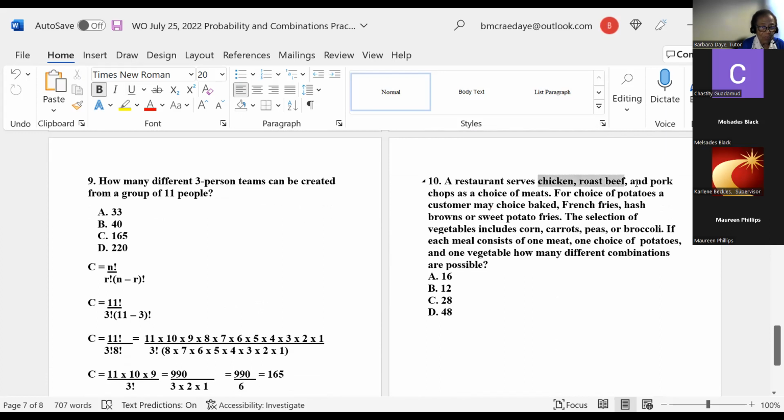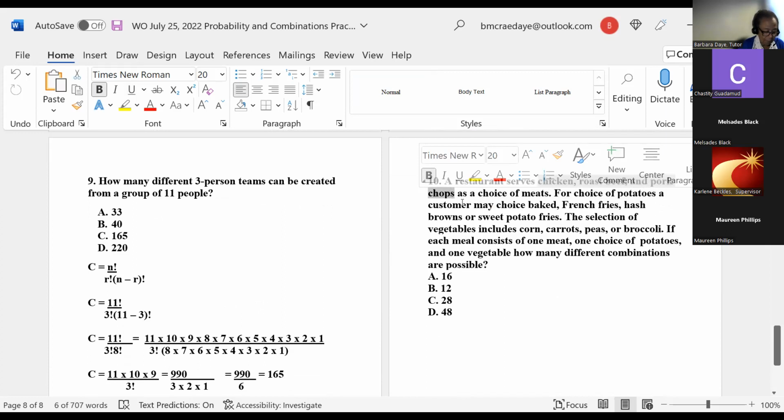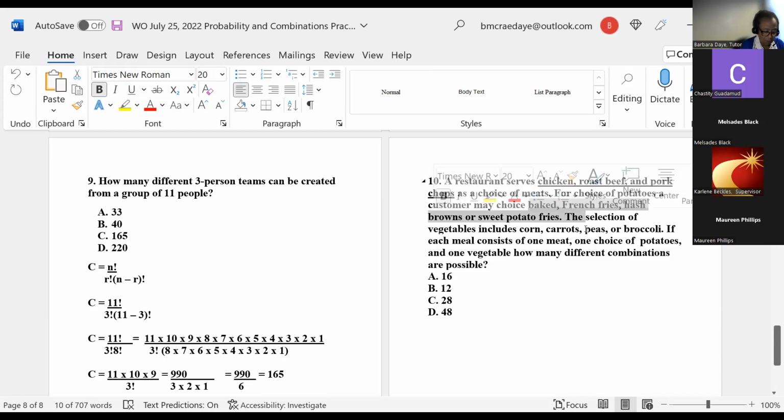How many choices of meat? 3: chicken, roast beef, pork chop. And then how many choices of potatoes? Baked, French fries, hash browns, sweet potato. You have 4.